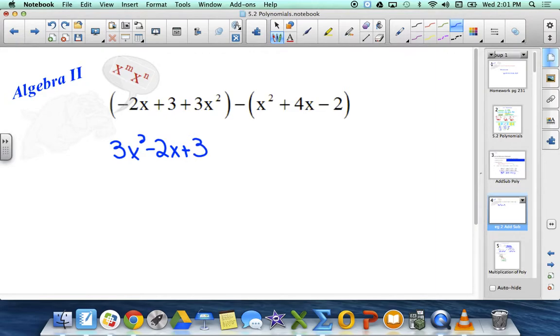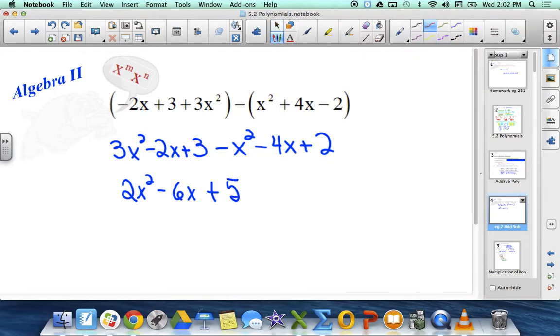Y'all like to do this horizontally, so if we do this one horizontally, I would distribute my negative sign to get negative x squared minus 4x minus a minus makes it plus 2. So if you're going to do it horizontally and it is about subtraction, I would go ahead and distribute the sign. So I have 3x squared minus x squared for 2x squared. Then minus 2x minus 4x is minus 6x, and plus 3 plus 2 is equal to 5.